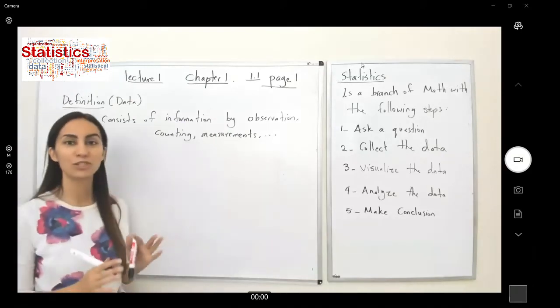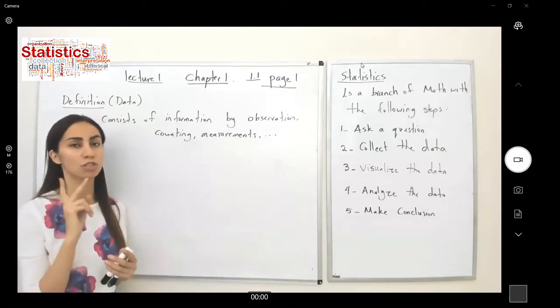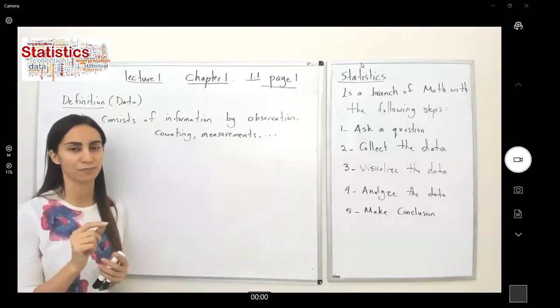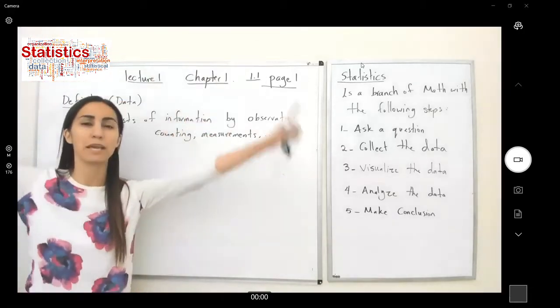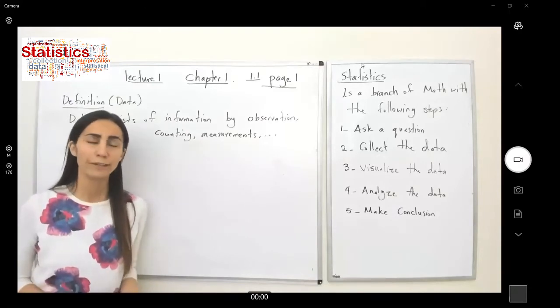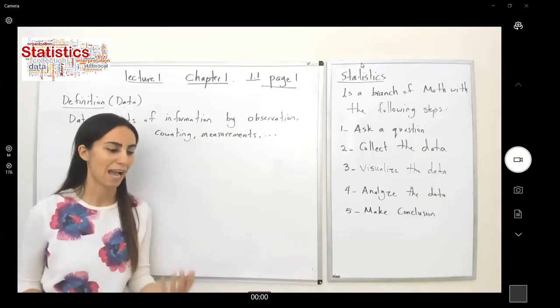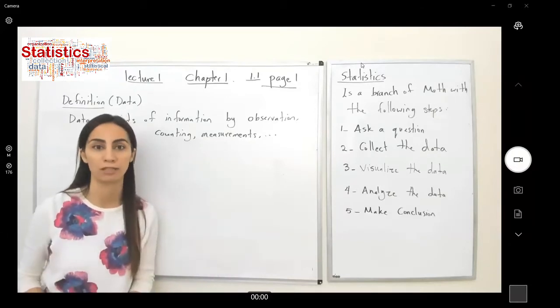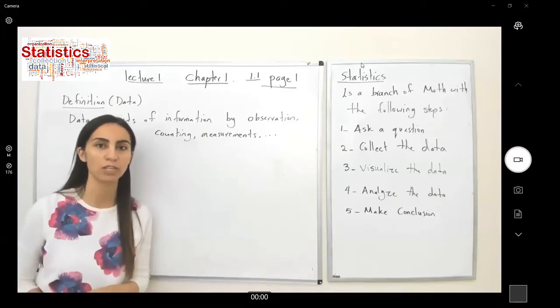When it comes to statistics, we're dealing with two types of collections. Either you're working with a big collection, which is population, or we don't have enough money, we don't have enough resources, we don't have enough time to ask everyone in the population.